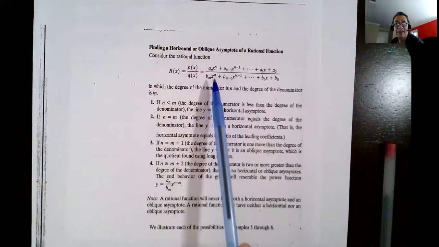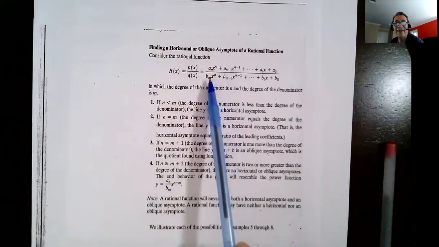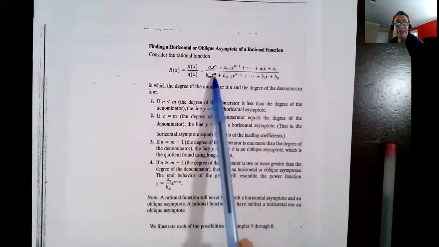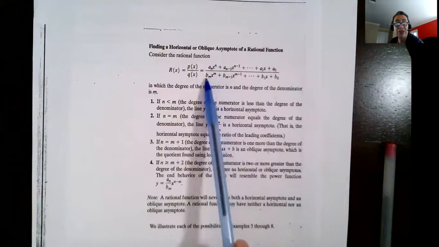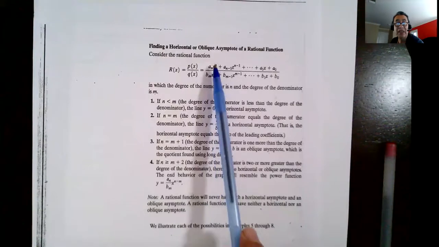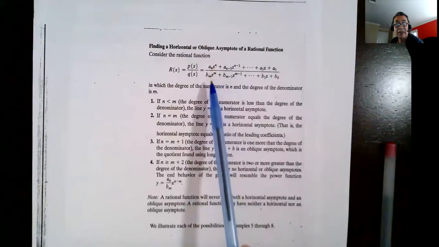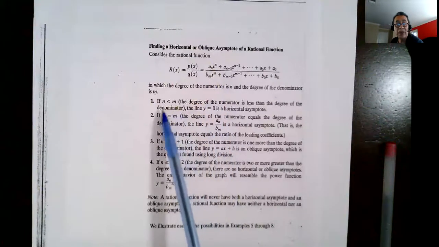And the leading term in the denominator is b sub m X to the m. So we're gonna concentrate on these two leading terms, and also on the degrees of the leading terms, m and n.